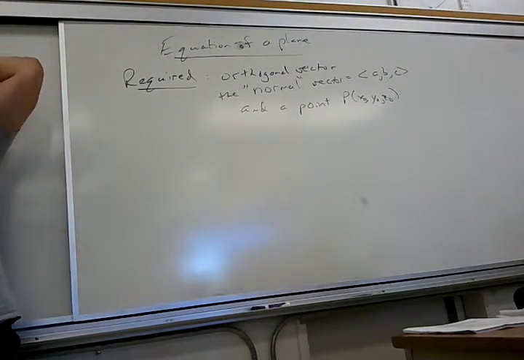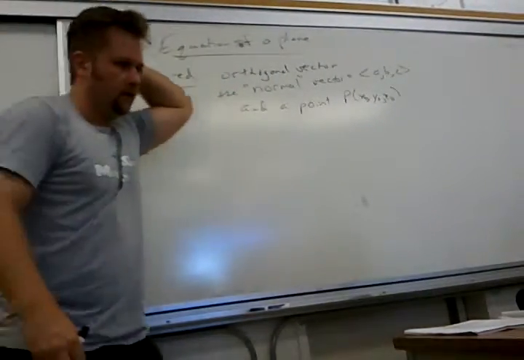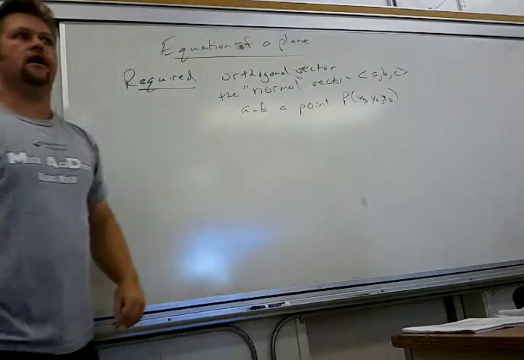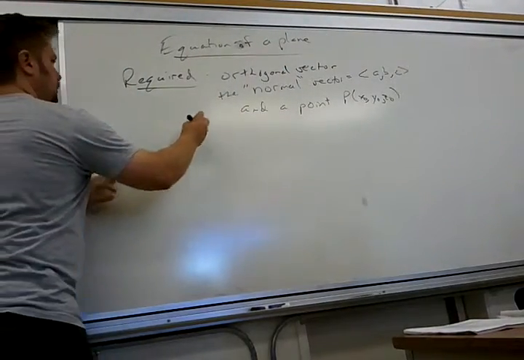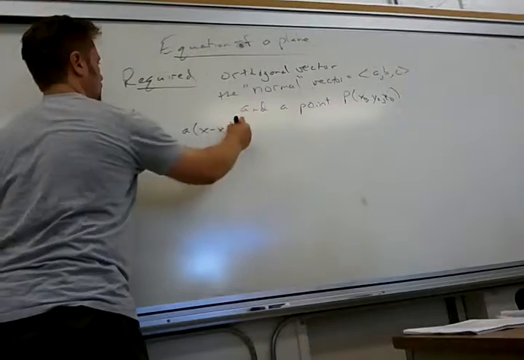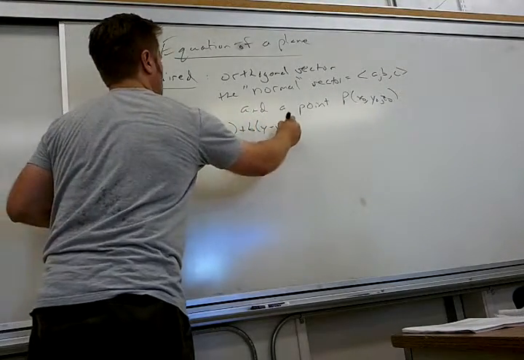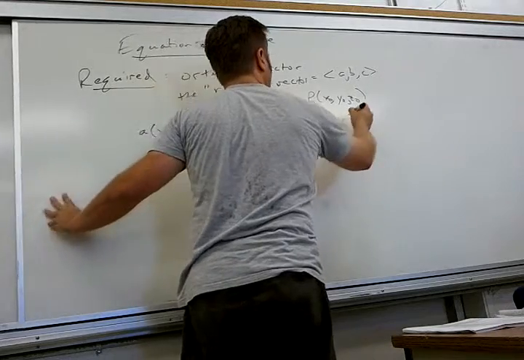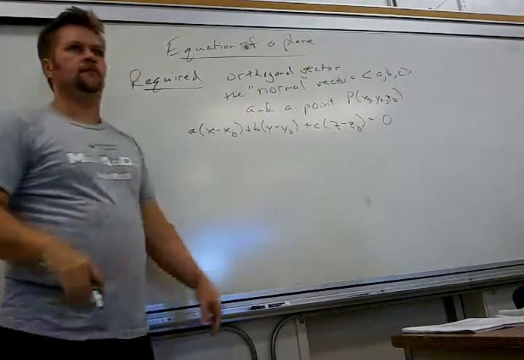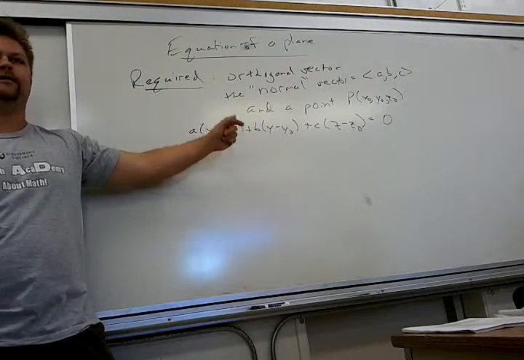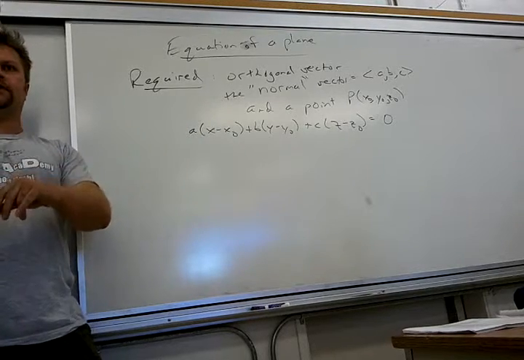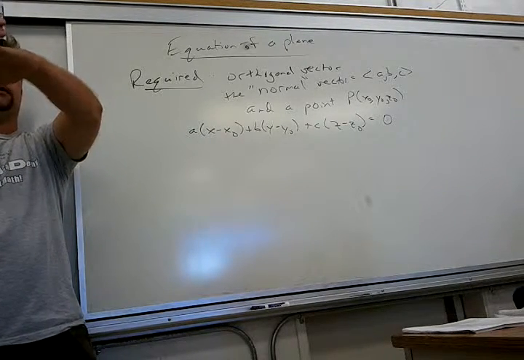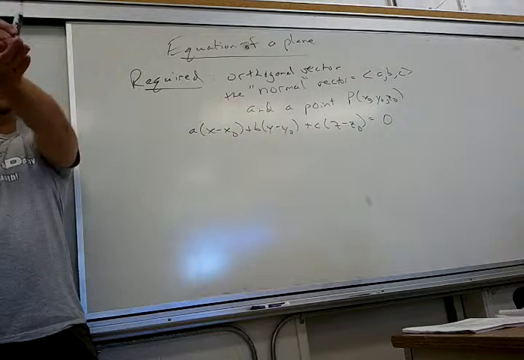I'm not going to run through the derivation again. They do a good job of stepping it through on page 775. But you end up with that, because this is after taking the dot product and making it equal to 0. If this is the normal vector to everything in here, then their dot product must be 0.